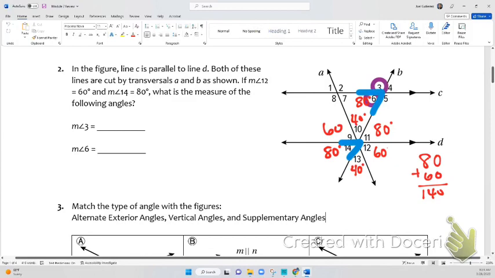Then we know that two angles next to each other on a straight line make 180. So in order to find the measurement of angle 3, we just simply do 180, take away 80. So that means that the measurement of angle 3 gives you 100 degrees.